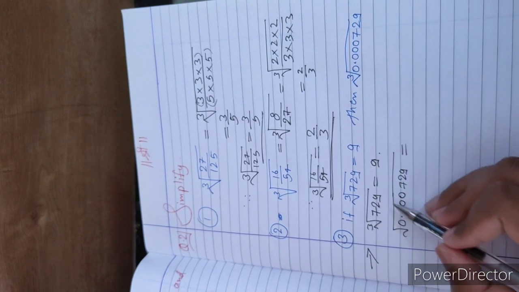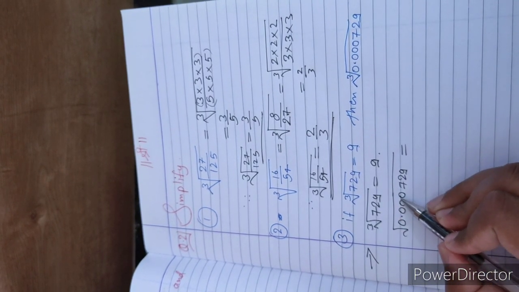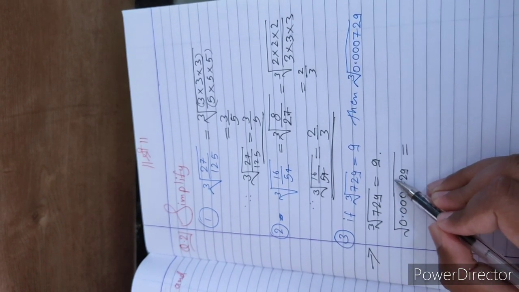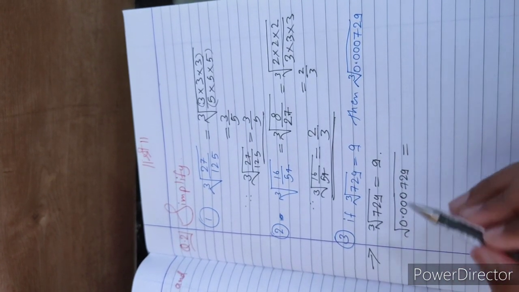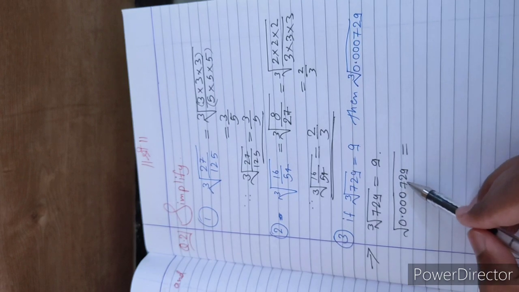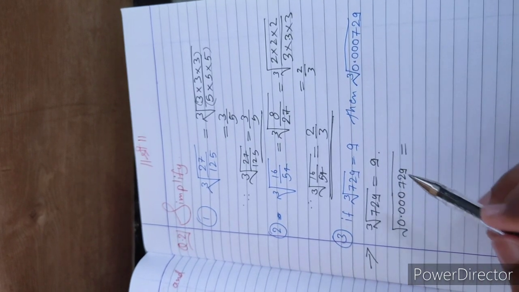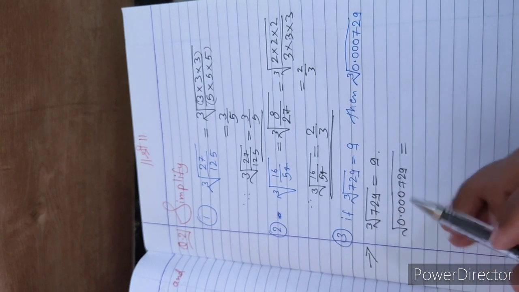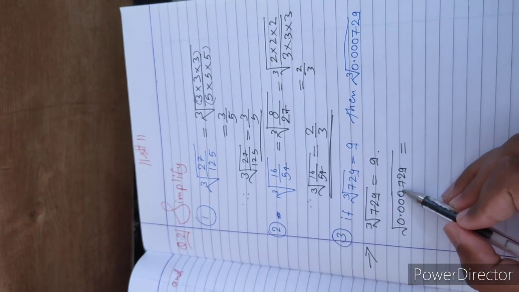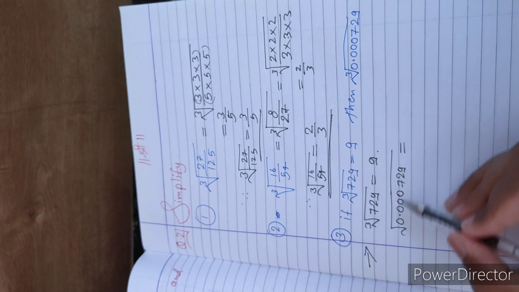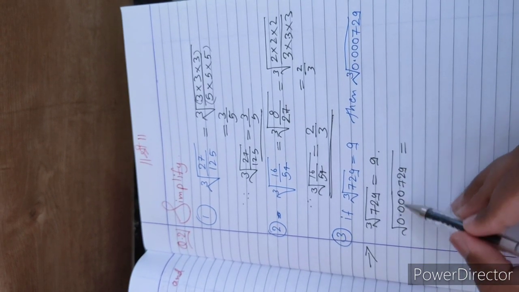Okay, so count the decimal places. 1 2 3 4 5 6. Okay, so this decimal is 6 places to the left of the digits. So we can count again. 1 2 3 4 5 6. The decimal is 6 places to the left of the digits.